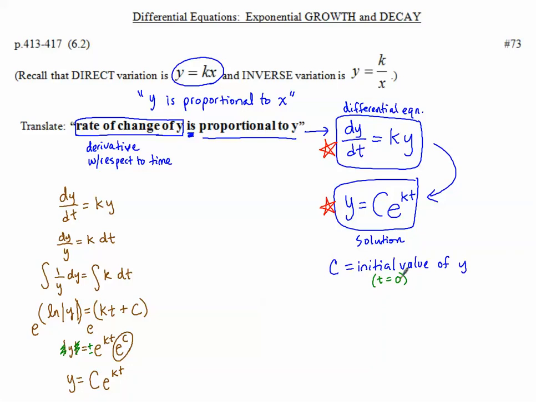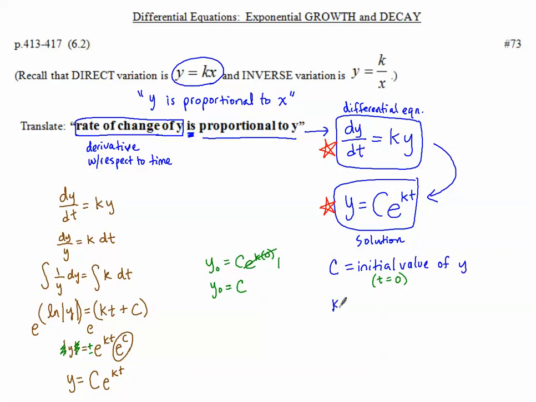So if I plug 0 into this equation right here, y equals ce to the k times 0. Instead of y, I'm going to call that the initial amount, or y sub naught. Well, e to the 0 is just 1, and therefore y sub naught, the initial y, equals c. c is the initial value of y.